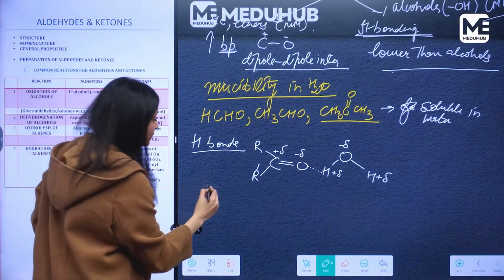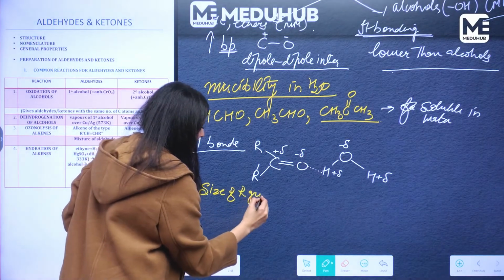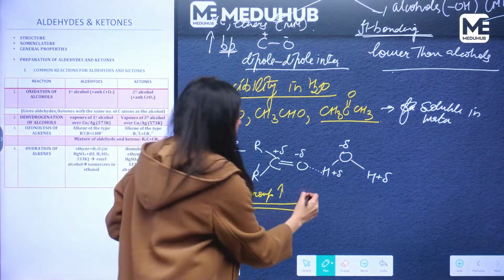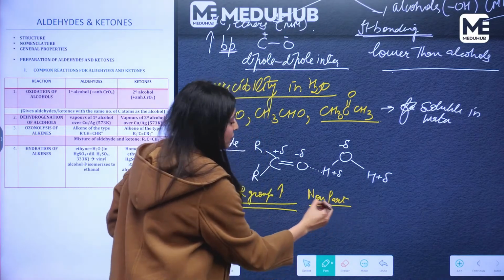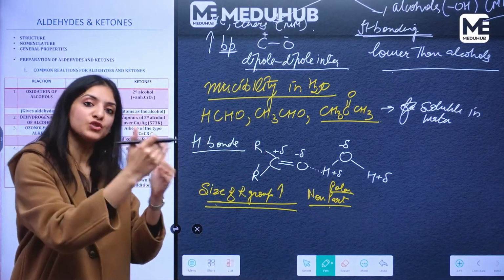But as the size of the R group increases, the non-polar part of the molecule grows in size and the solubility gradually decreases.